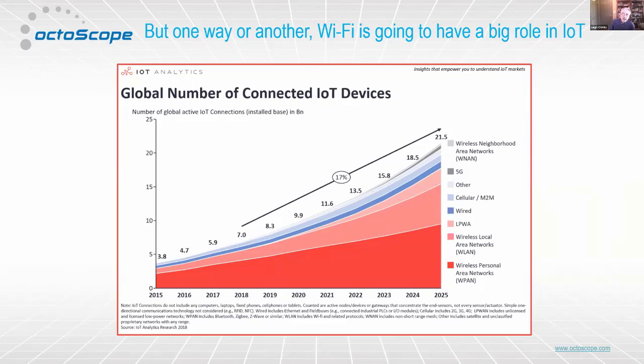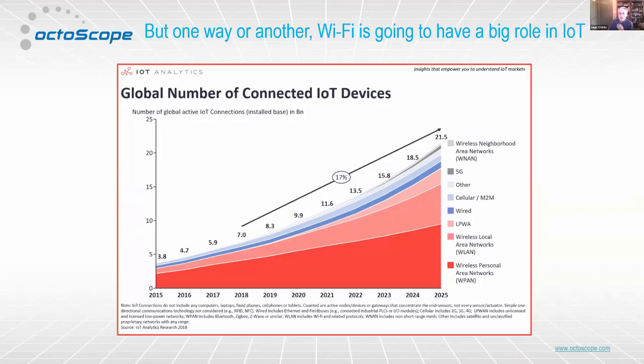The reason is that Wi-Fi is already where those devices are going to be, in homes and enterprises, warehouses, hospitals, all kinds of places. You've already got Wi-Fi networks deployed there. Certainly, there can be other types of networks deployed, but there's going to be a major demand for the existing network to be able to support the devices in a good way.